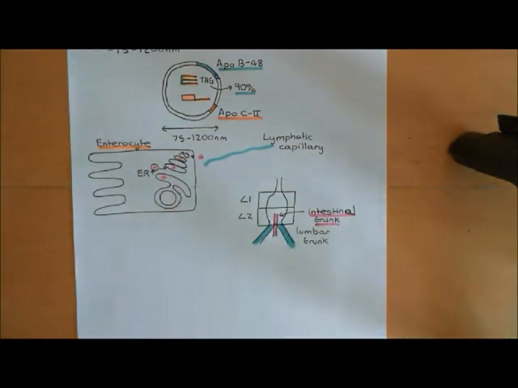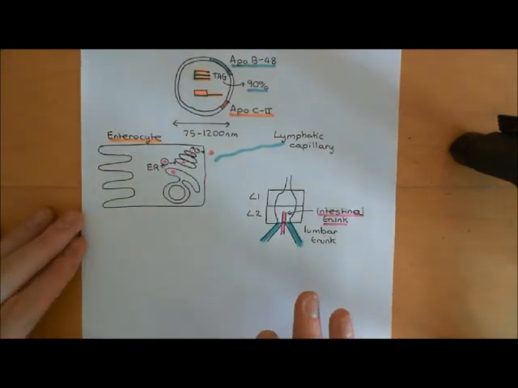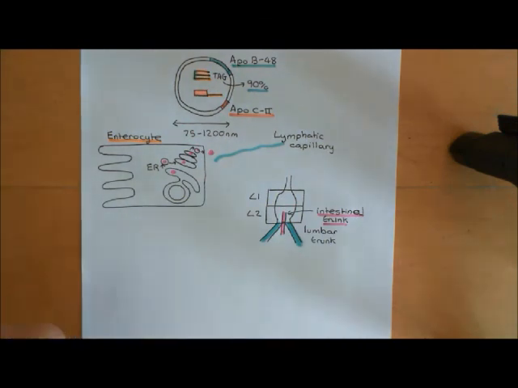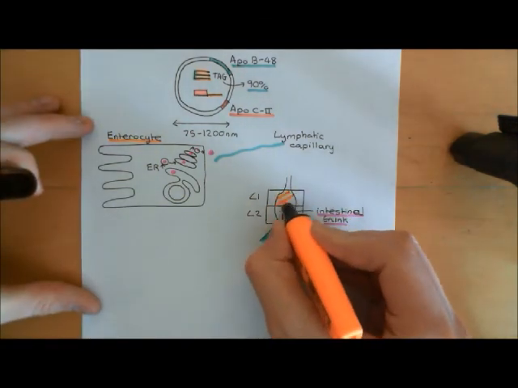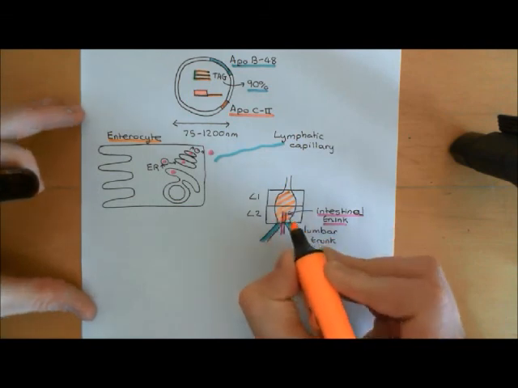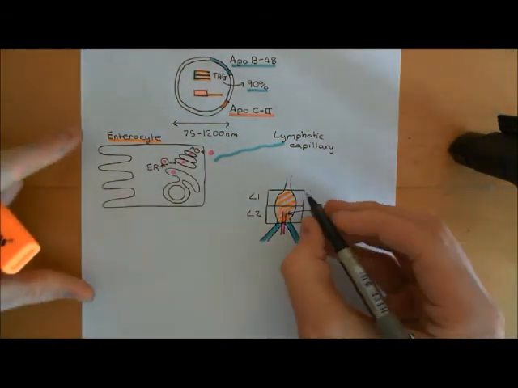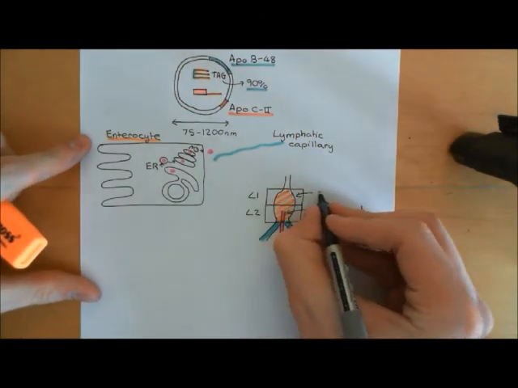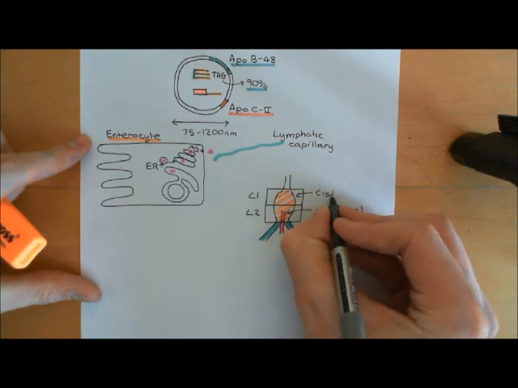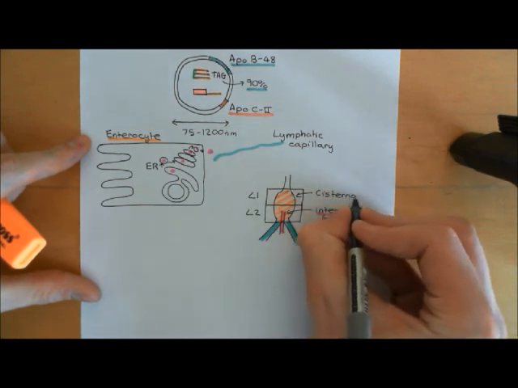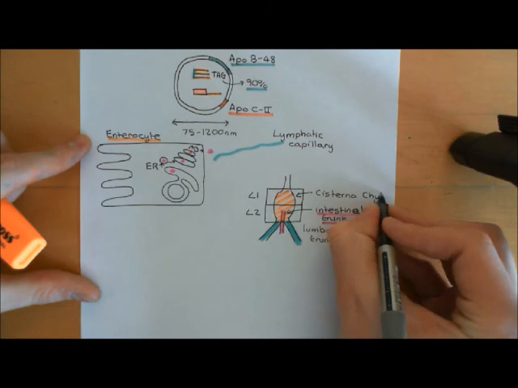All of these lymphatic capillaries that drain enterocytes of the intestine are eventually going to be draining into this intestinal trunk, which will be draining into this massive great bulge that we've got here, sitting in front of L1 and L2, which is easily visible, and this is called the cisterna chyli, like so.